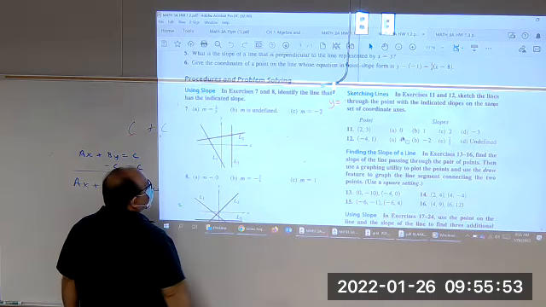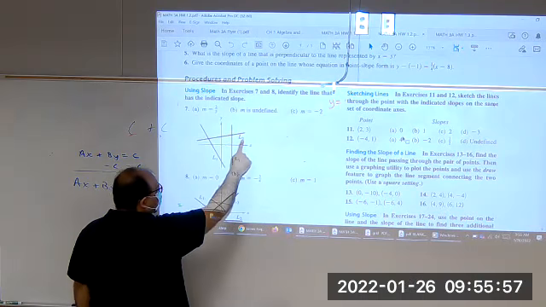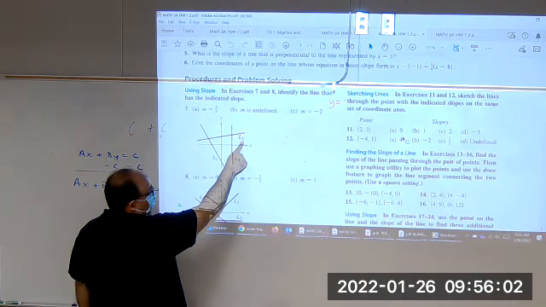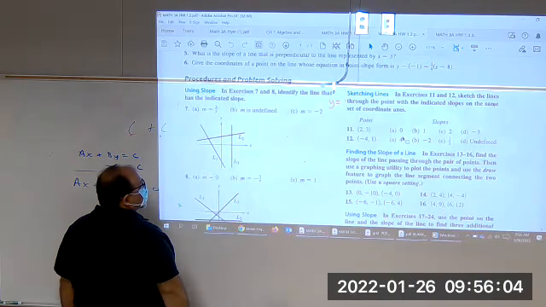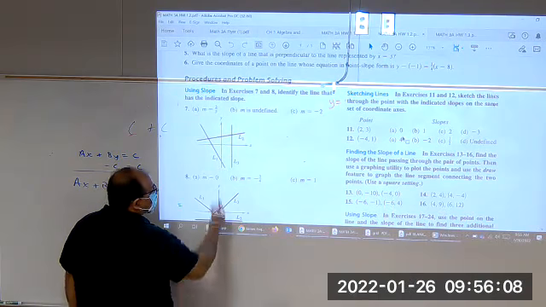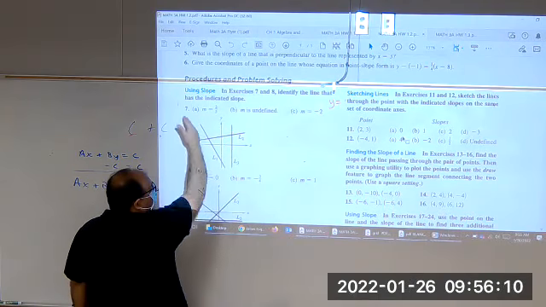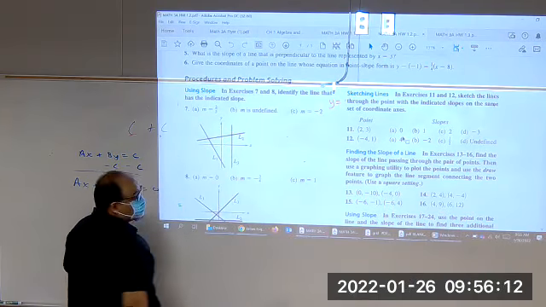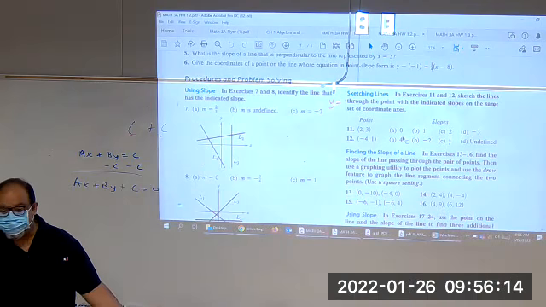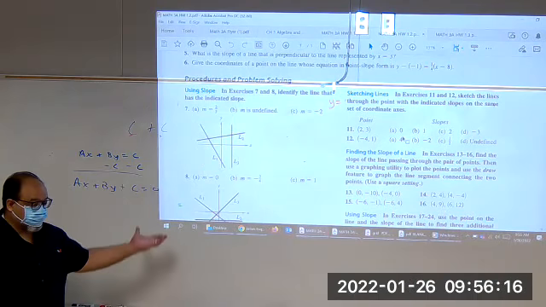I would say L2, line 2. And then which one looks like it has a slope that's undefined? Line 3, that's the vertical. And then line 1 would be the one that falls. You don't have to do any work because you're just writing the answer. It's a picture.